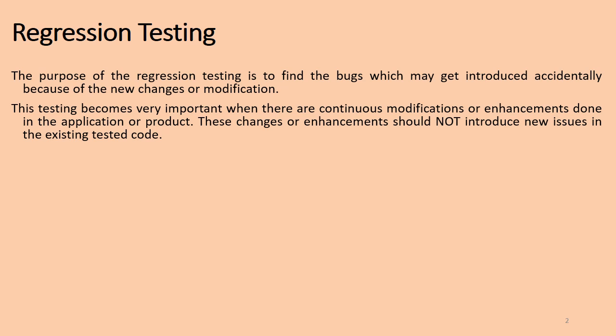For example, consider Microsoft Word: 2003, 2007, 2010, 2013, 2017. When they release a new version, they have to check that the modifications they made are not affecting the previous code or the previous functionality. To uncover the errors associated with this, we perform regression testing.